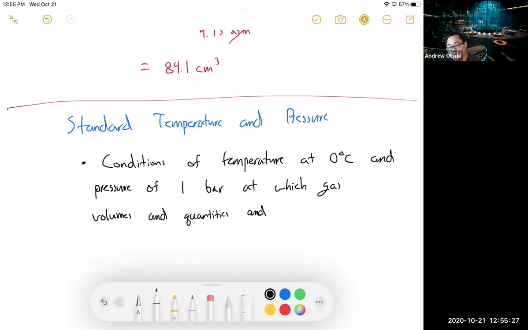It's always a standard unit to compare all our gases, so that we know that 1 mole of a gas equals this much volume, stuff like that.